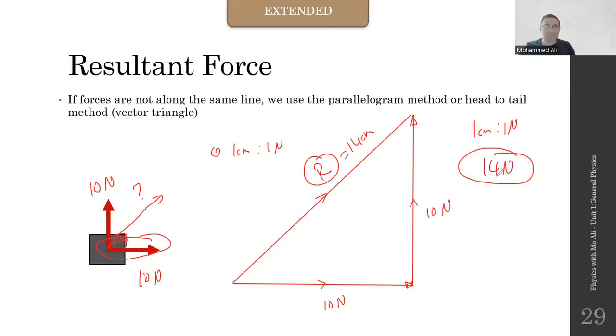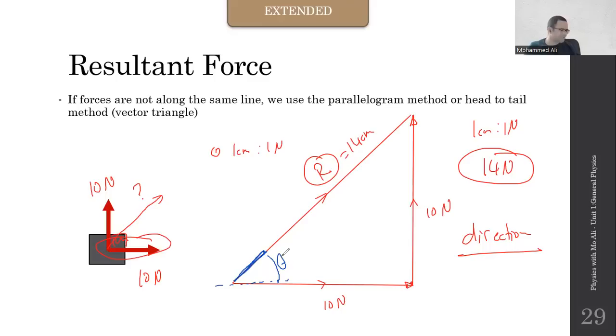What about the angle, the direction? Remember, vectors have to have direction. We almost always measure, unless the examiner tells me otherwise, the angle between the resultant force and the horizontal. This angle over here. What do you use? You use a protractor.